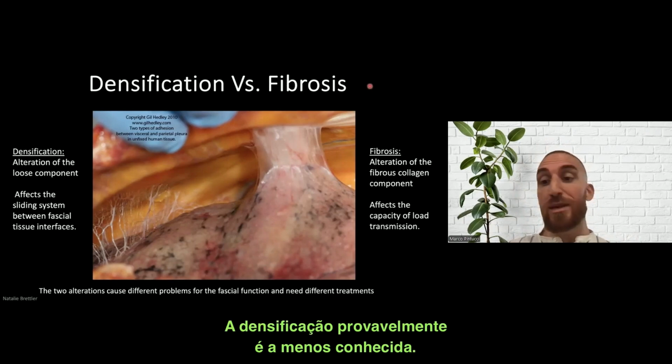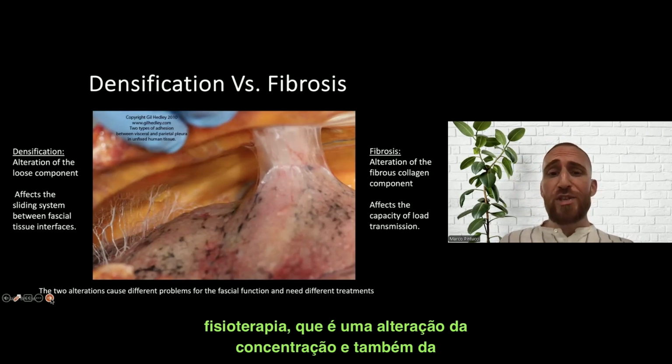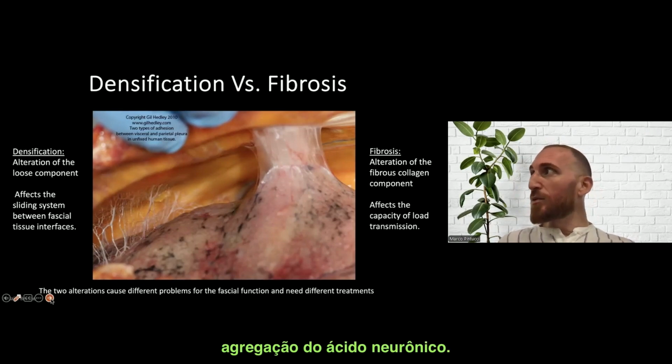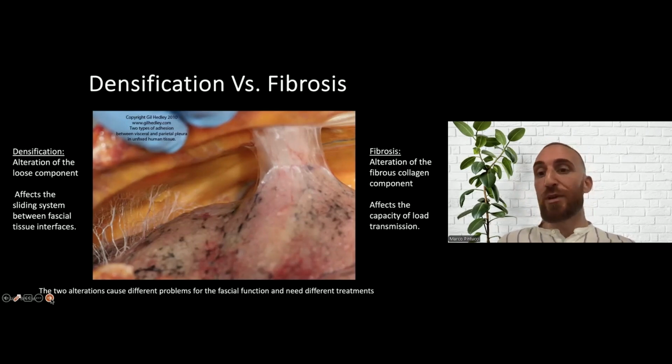Densification is probably the less known one, but it is the most common that we find in our physiotherapy service. It is a change in the concentration and also the aggregation of the hyaluronic acid. Hyaluronic acid is usually bound with many molecules of water and acts as a lubricant.